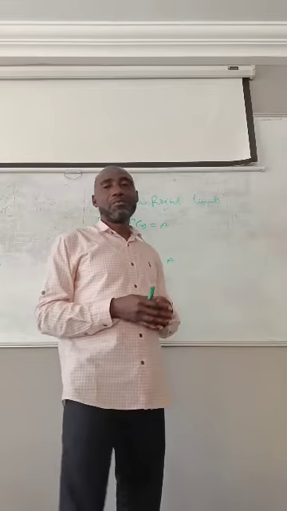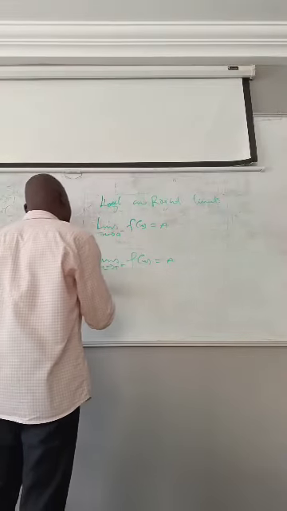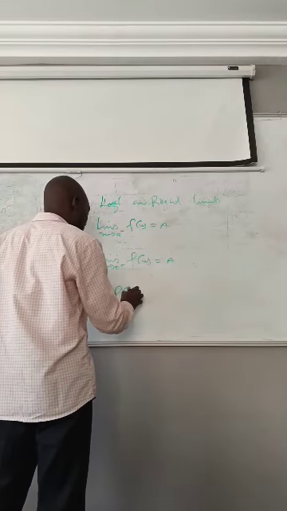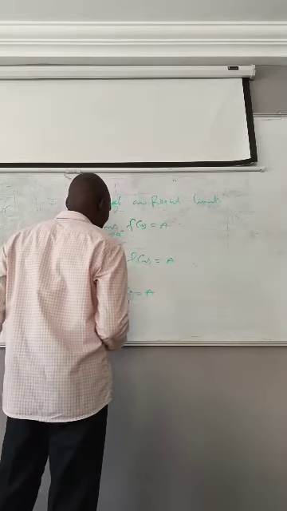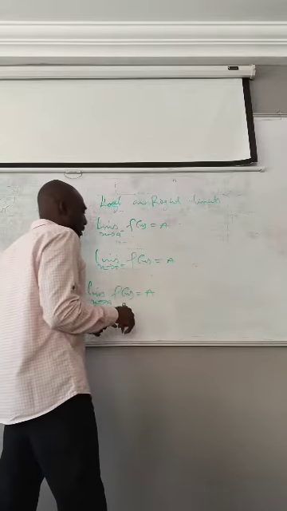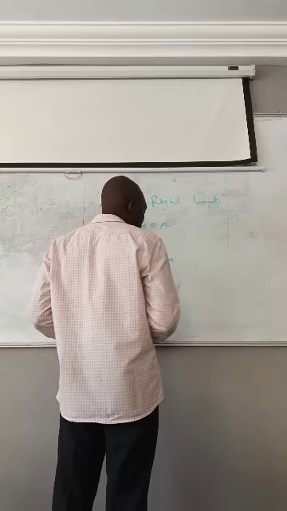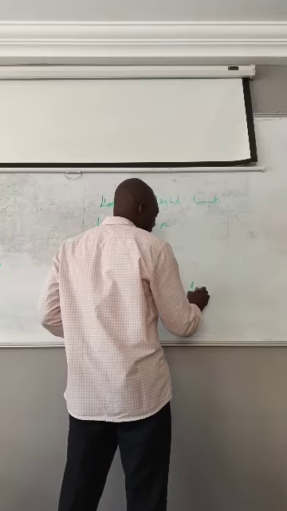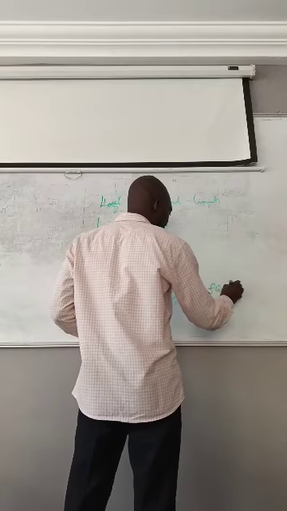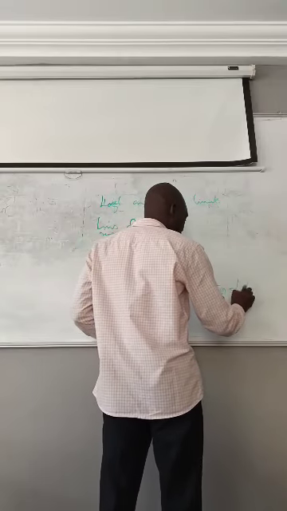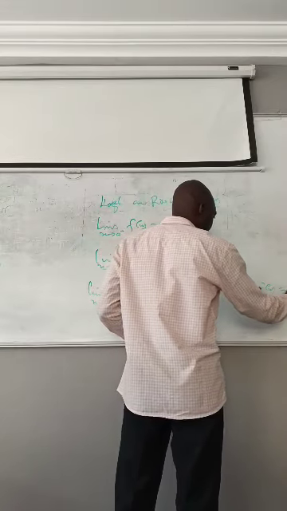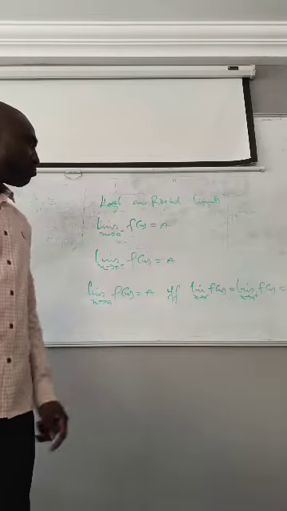If they are the same, then you conclude the limit as x tends to a of f of x equals a, if and only if the limit as x tends to a from the negative of f of x is equal to the limit as x tends to a from the positive of f of x and is equal to a, then this holds.